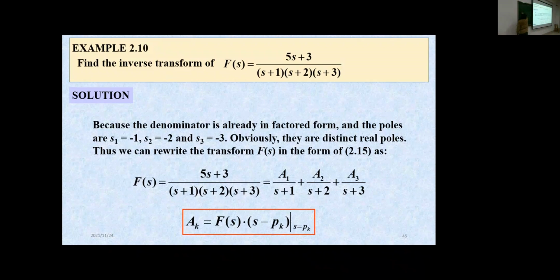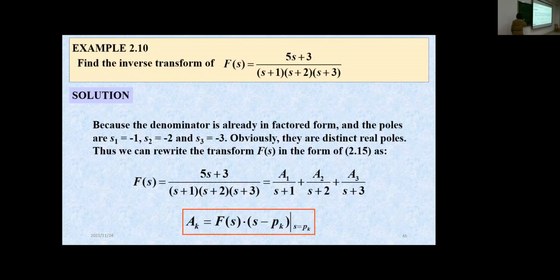So s squared we have what? 1 A2. And for s we have what? 5A1, A2, A3, right?